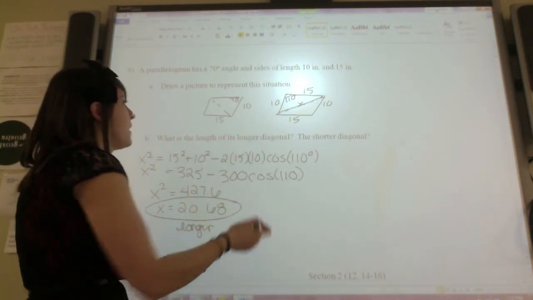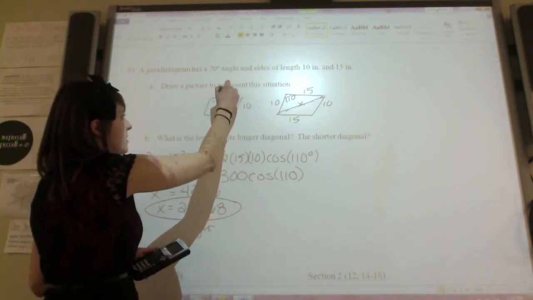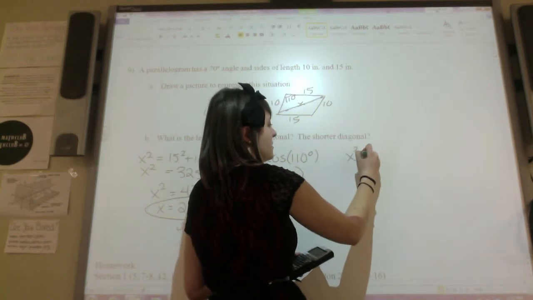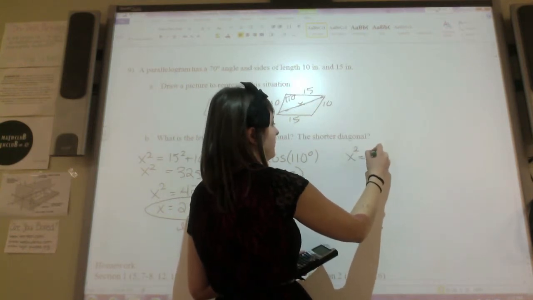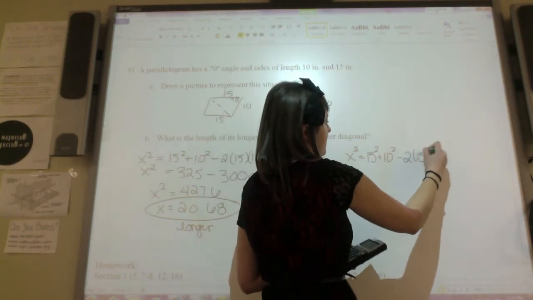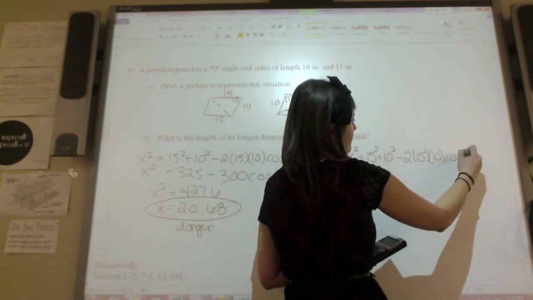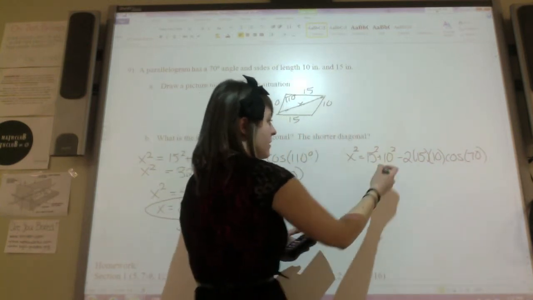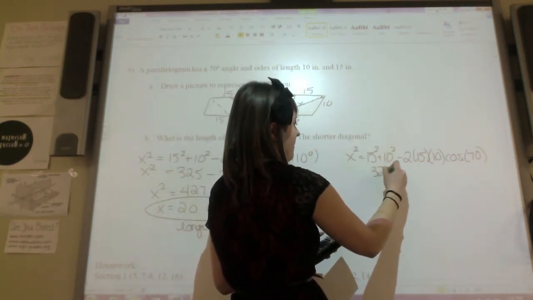Now to find my other diagonal, the shorter diagonal, I have the same picture, but this time I'm using my 70-degree angle instead. So I've got x squared equals 15 squared plus 10 squared minus 2 times 15 times 10 times the cosine of 70. So this, of course, is still 325.